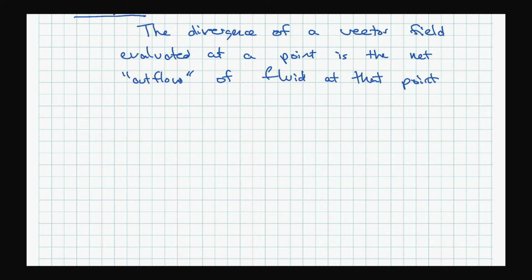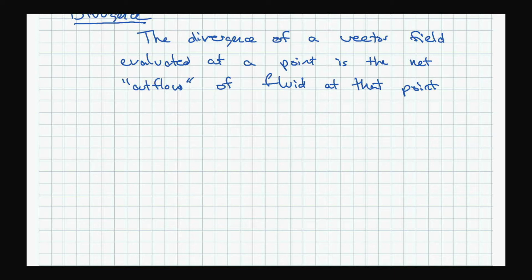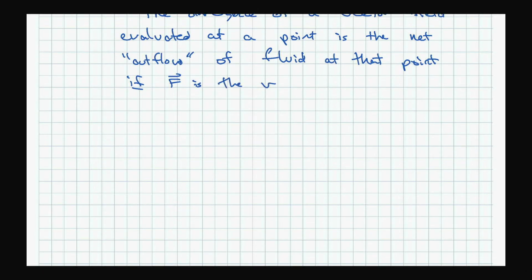And that's only going to be true if the vector field was the velocity of a fluid flow at a point. So what did I write so far? The divergence of a vector field evaluated at a point is the net outflow of the fluid at that point. And that's if F is the velocity field of a fluid.